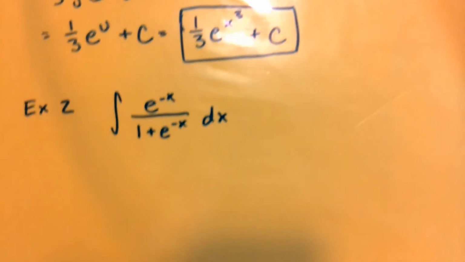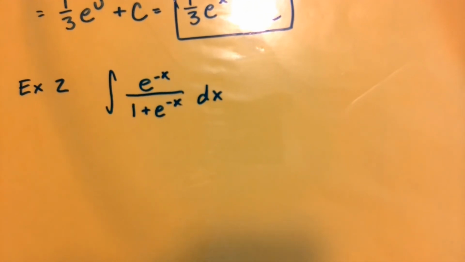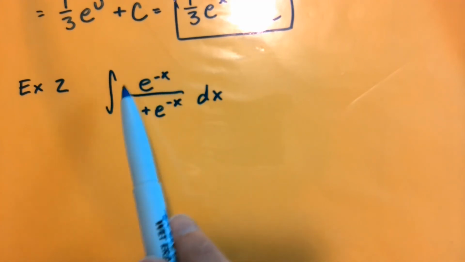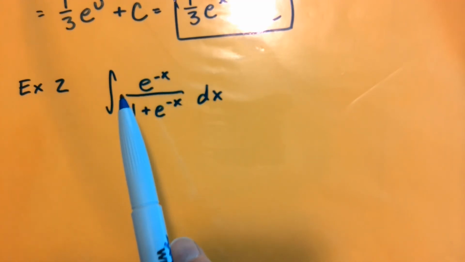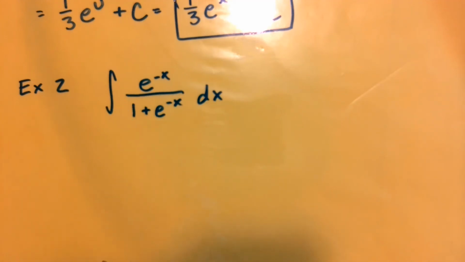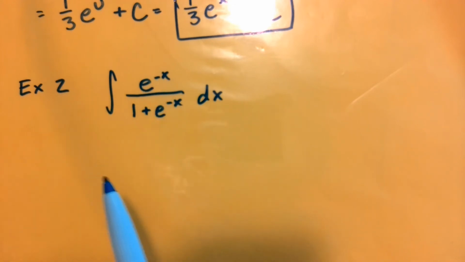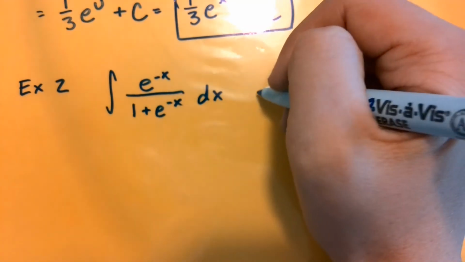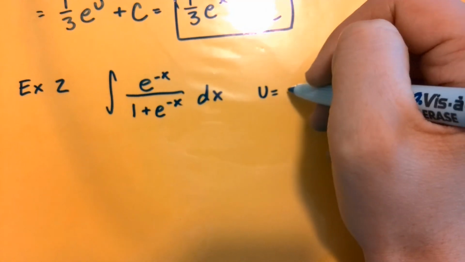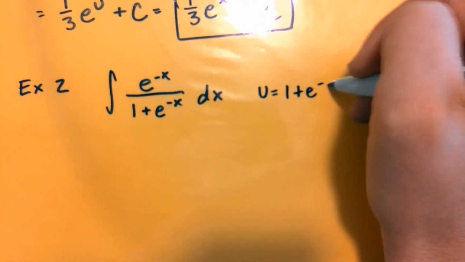Okay, so a situation where we've got that numerator and denominator, hopefully we're getting a little bit more used to this, but the fact that if I choose my numerator to be u, then it's really difficult to get that du to show up in the right place, because my derivative here of e to the negative x is going to be a negative e to the negative x, but it's a negative e to the negative x in the numerator, and mine is in the denominator. So I want to choose that denominator to be my u.